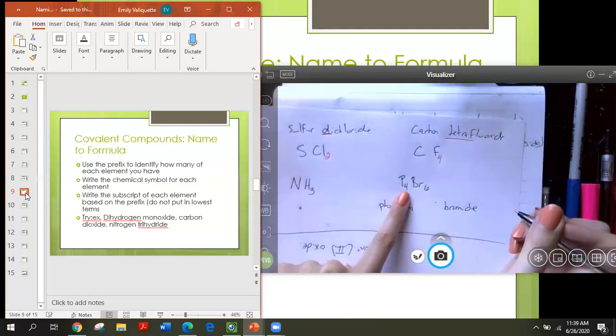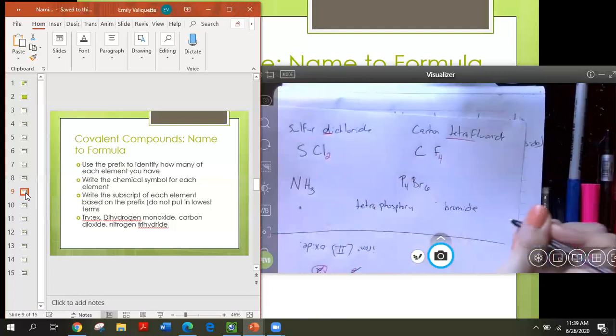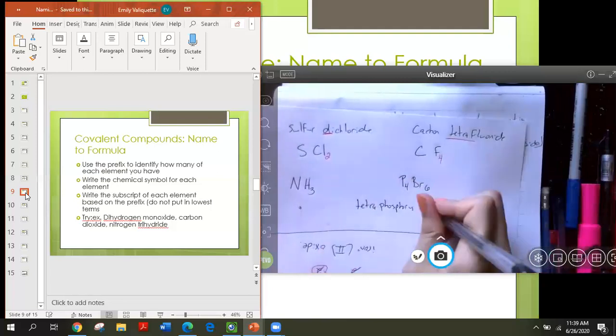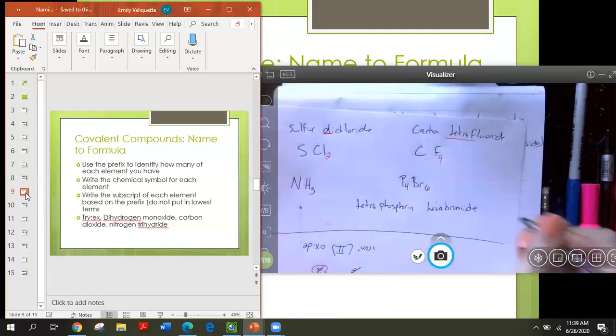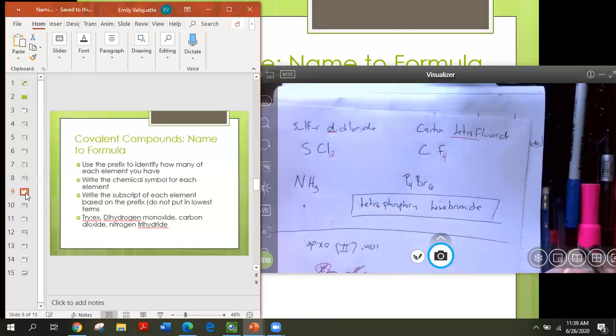And then 4 goes with the prefix tetra, so it would be tetraphosphorus. And then 6 goes with the prefix hexa, so tetraphosphorus hexabromide would be the way that we name that.